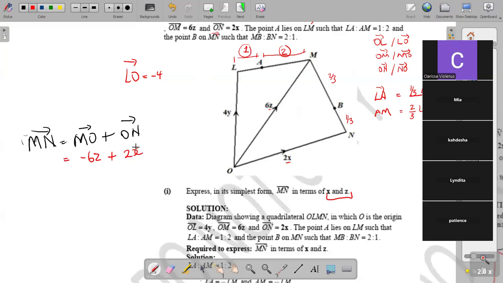Excellent. Now let me teach you something right now. What CXC is expecting from you here is to factorize as well. This is the same thing as this: 2x minus 6z. Everybody know that's the same thing? That's important, yeah?